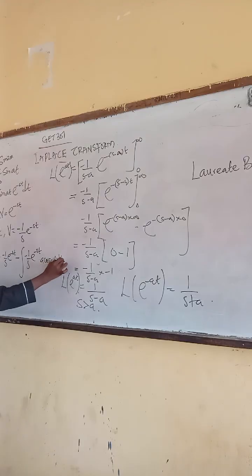What is du dt? a cos at dt. Now from this place, yes, because the formula is uv minus integral of v du. So for you to get your du here, you cross multiply now. So du will be equal to a cos at dt.